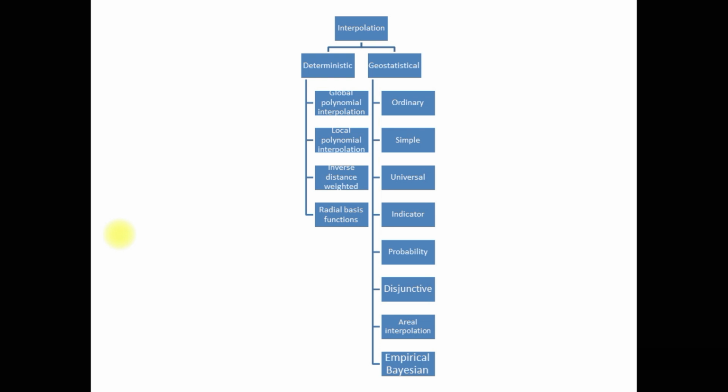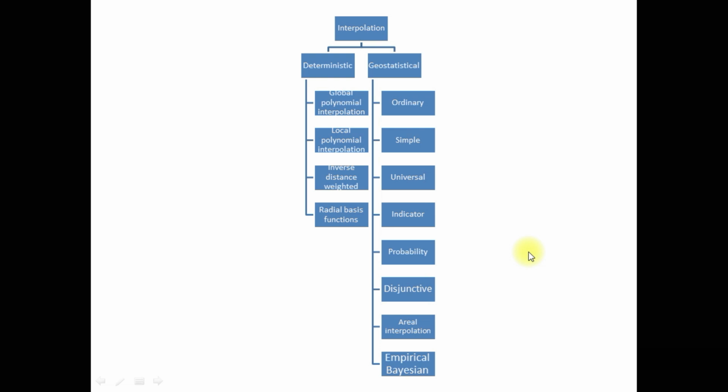Geostatistical methods are much more complicated because they measure the spatial autocorrelation, and the major geostatistical method, in case you don't know, is the Kriging method. These are all the subtypes of Kriging methods: ordinary, simple, universal, indicator, probability, disjunctive, areal interpolation, and empirical Bayesian.